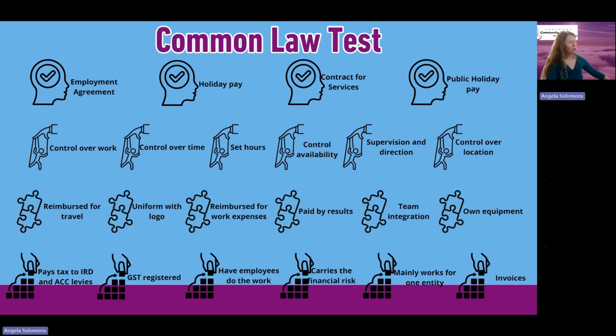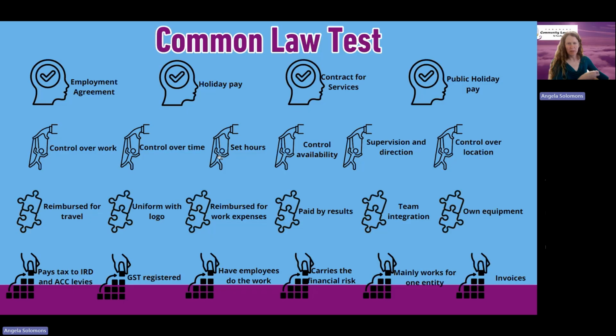So I've got a whole bunch of things up here. What I would like you to do is work out whether each of these is more likely to be a contractor or more likely to be an employee. So all I want you to do, again, piece of paper or Word document would be real handy here, is put them down into those 2 categories, employee or contractor. So for example, set hours, which is one of the control questions.